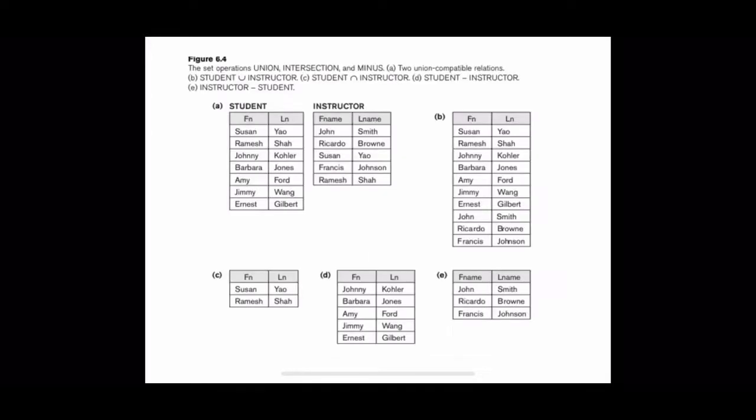So we can see an example here. We have two different relations, student and instructor. So the first operation we are performing is student union instructor. This will be the result. So here we can see that both student and instructor have the same degree, both having the number of attributes 2. And coming to the domain for first name here, and here also we are using FName, right?